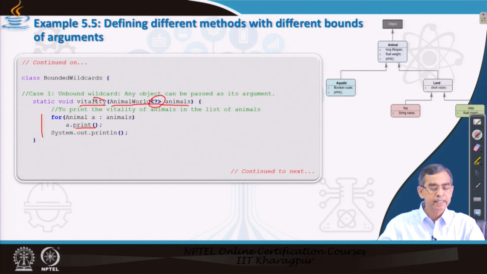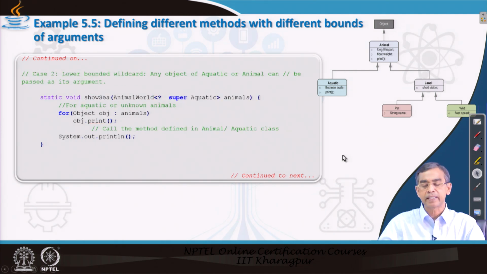So, vitality is the one method which we have declared in this class, so that it can work as an argument of AnimalWorld. AnimalWorld can be any animals which are in this list. Okay, so this is the one example.